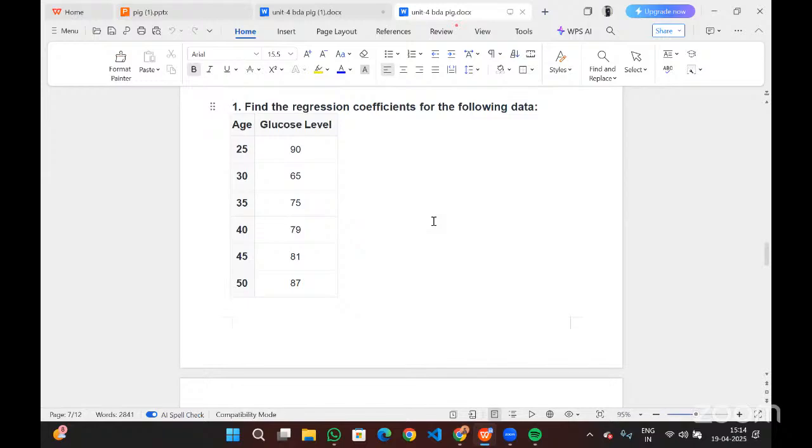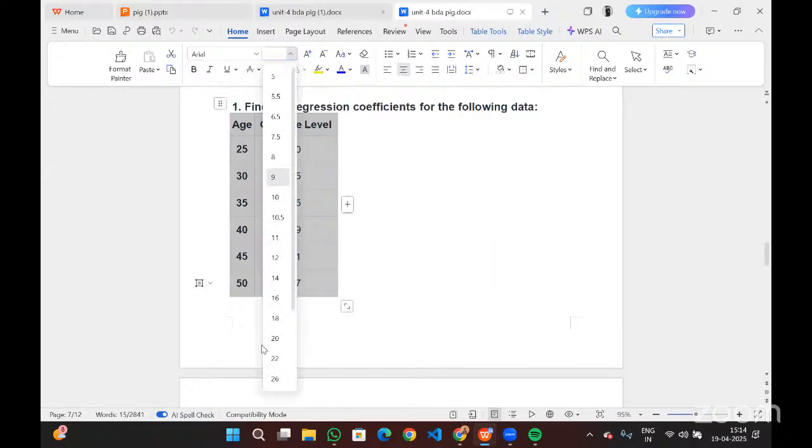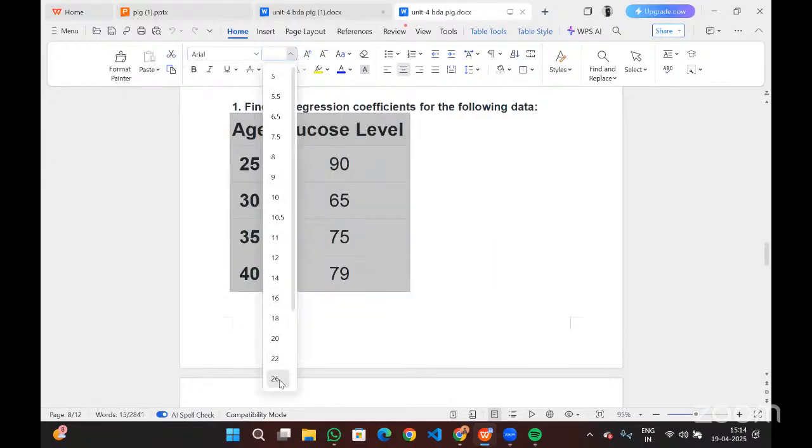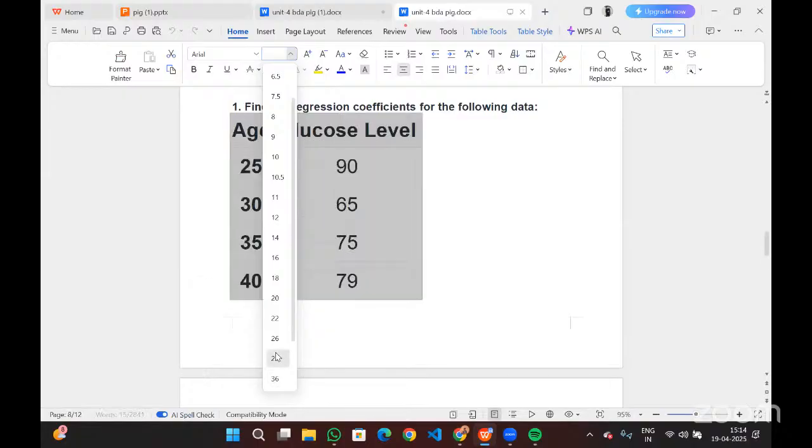See, the values are 25, 90. Now is it clear?